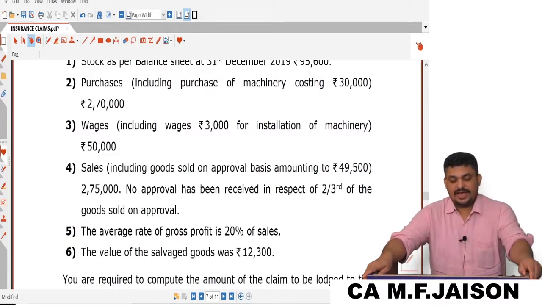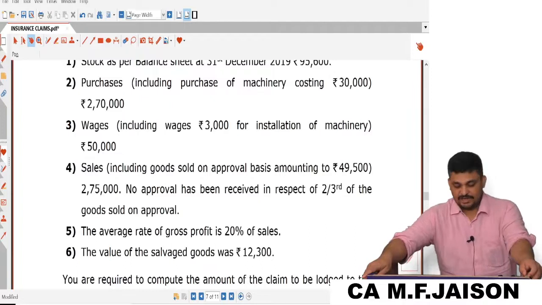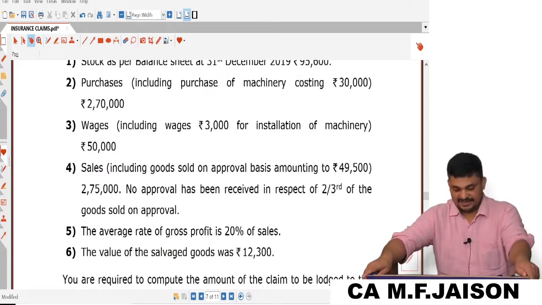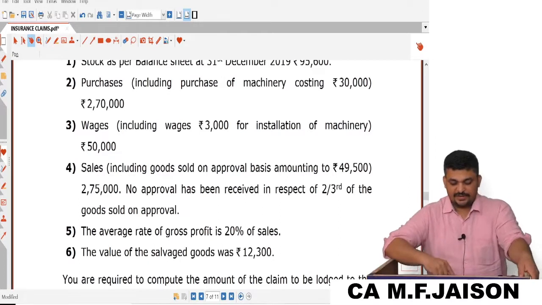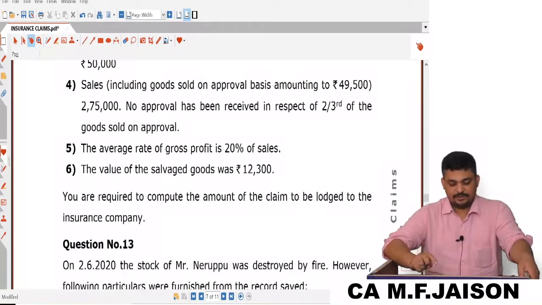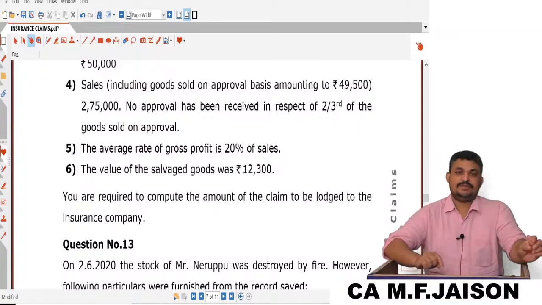No approval has been received in respect of 2/3 of the goods sold on approval. The average rate of gross profit is 20% of sales. The value of the salvaged goods was rupees 12,300. You are required to compute the amount of claim to be lodged to the insurance company.